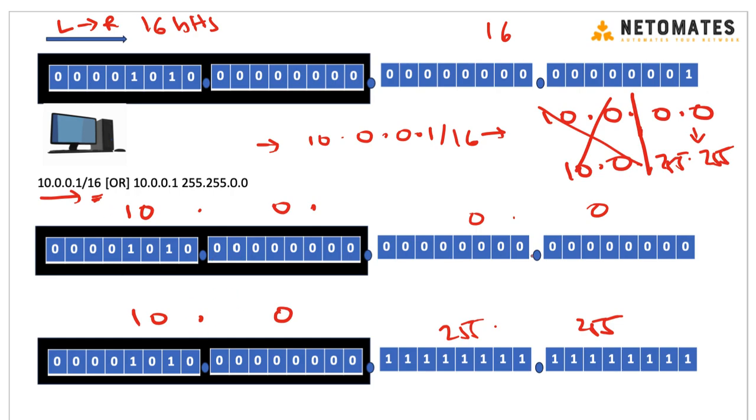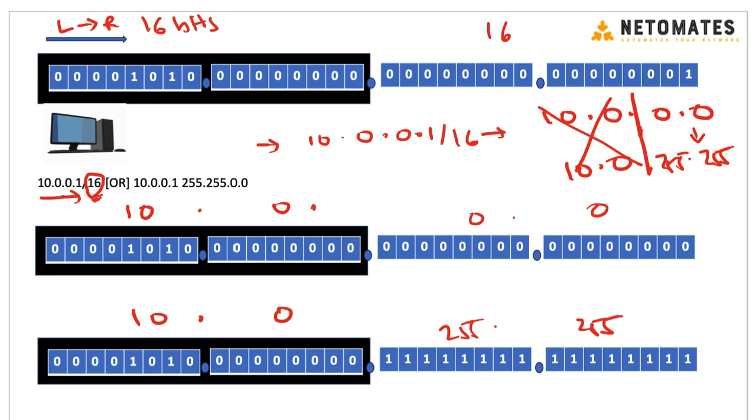Write down everything in binary and lock the bits mentioned in the subnet mask value, and for the remaining ones put all zeros to get the starting address, and put all ones for the ending address of that particular group. Okay, so as you have seen, we can represent the subnet mask in two ways.